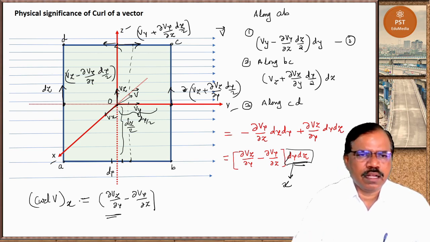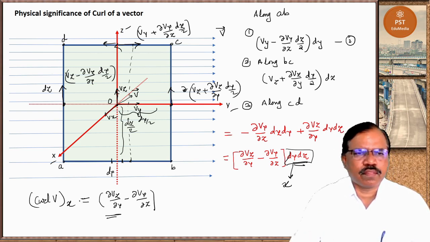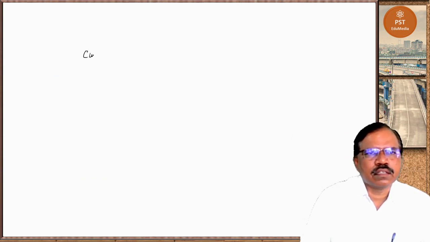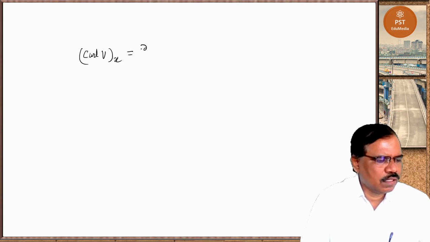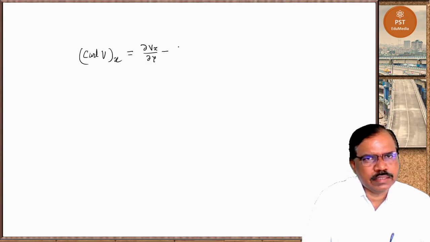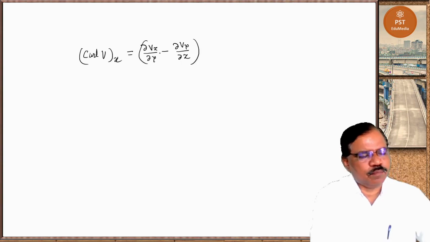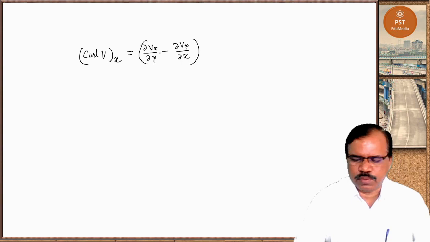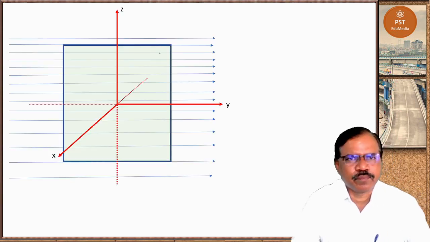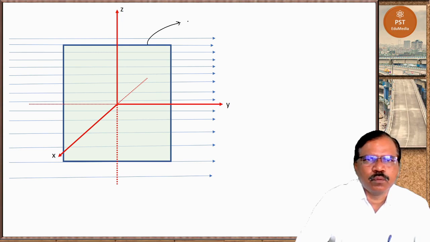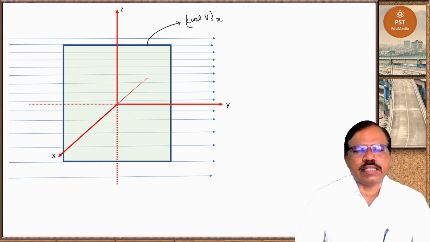So here we get the curl V x component, that is ∂Vz/∂y minus ∂Vy/∂z. We call this the x component. So we have seen that for this area we got curl V x, meaning that is along the x-axis.